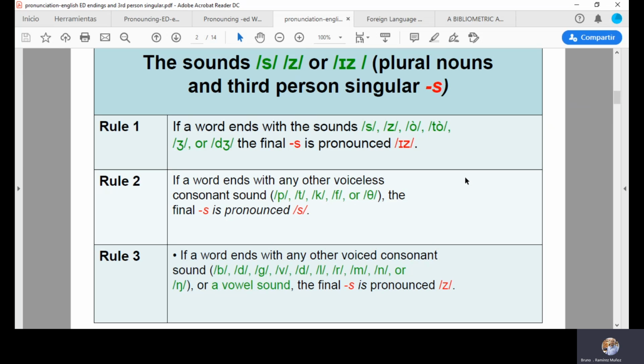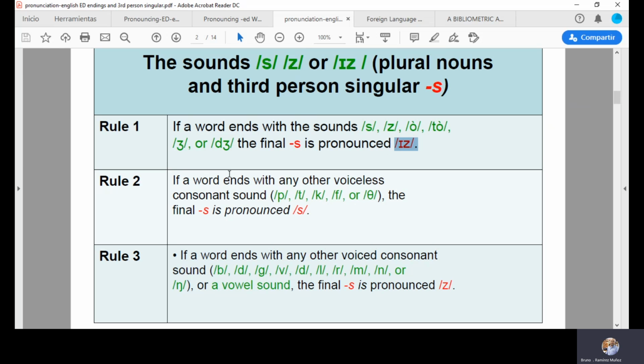One of them is that you can add an extra syllable, or you can keep the same syllable and just go from voiceless to voiced. When I mean you can add an extra syllable, I mean rule number one, right?